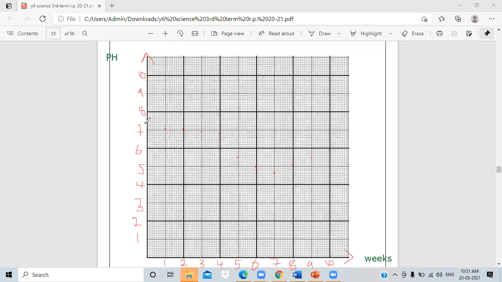All right, now I need you to connect all the dots together. Okay, let me change to blue. Hopefully it looks good. Okay, of course, you can do it much better than me in your worksheet, in your book.